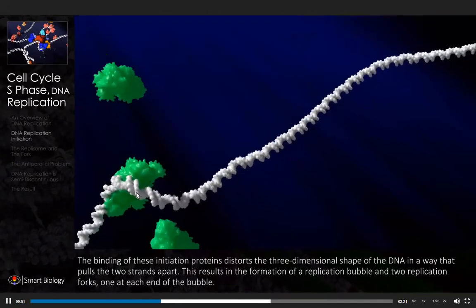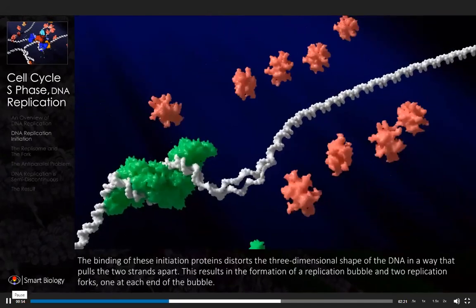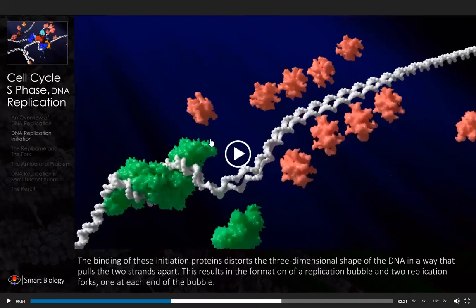The binding of the proteins that are going to show the polymerase where the origin of replication is will distort the three-dimensional shape of the DNA.